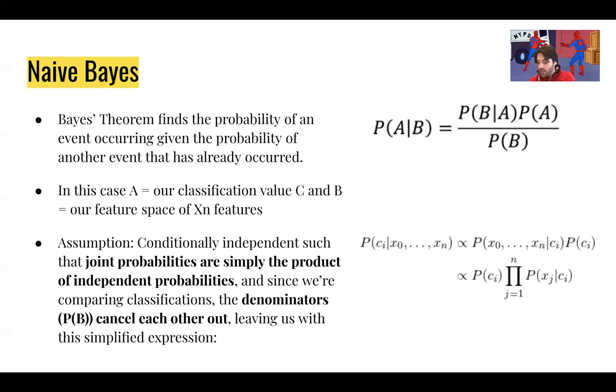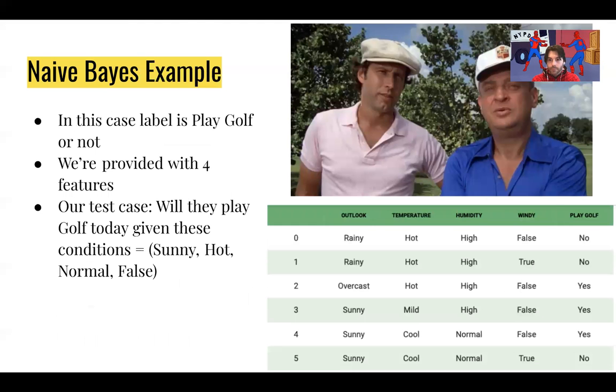We're going to go through a very specific example, but any questions on that? Okay, so then let's do golf. In this case, we're going to do a binary classifier: are you going to play golf or not?